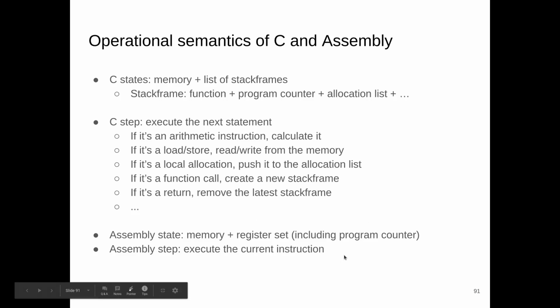They may have large instruction pipelines and very large depths of schedulers or something like that, but we don't care about this. The specification of the CPU specifically says that it is working as if it is a single set of memory and register file, and it is executed as if one instruction is executed at one time. So that's all we need to know about the semantics of these assembly programs.